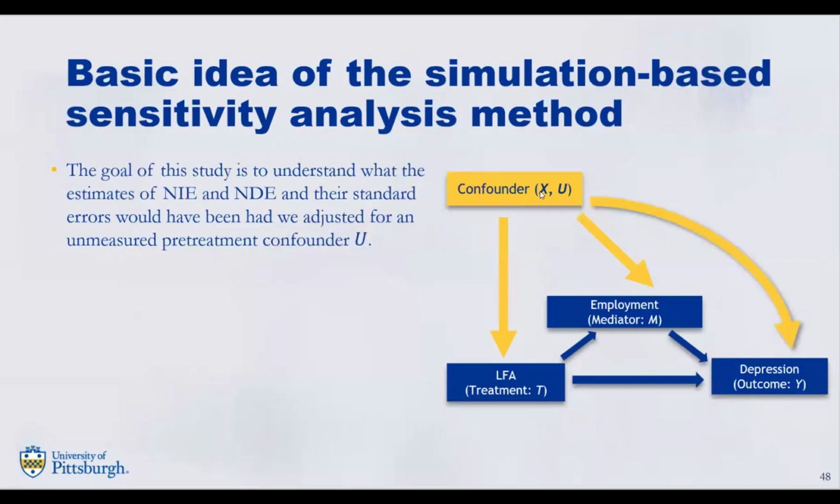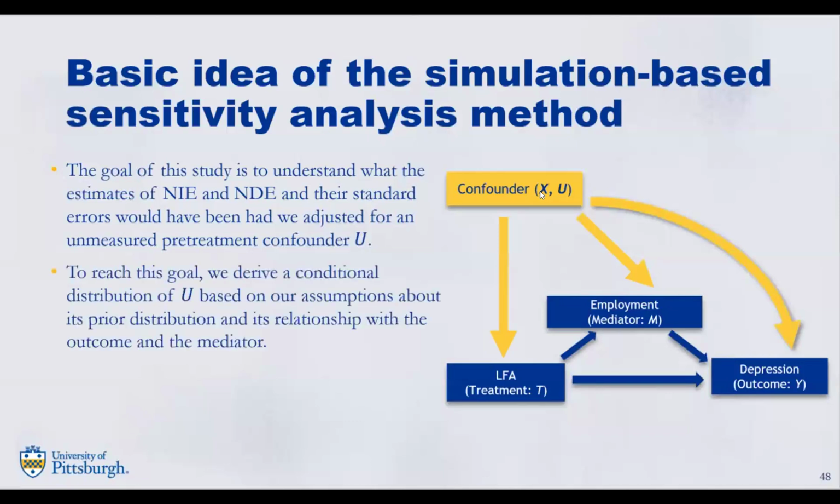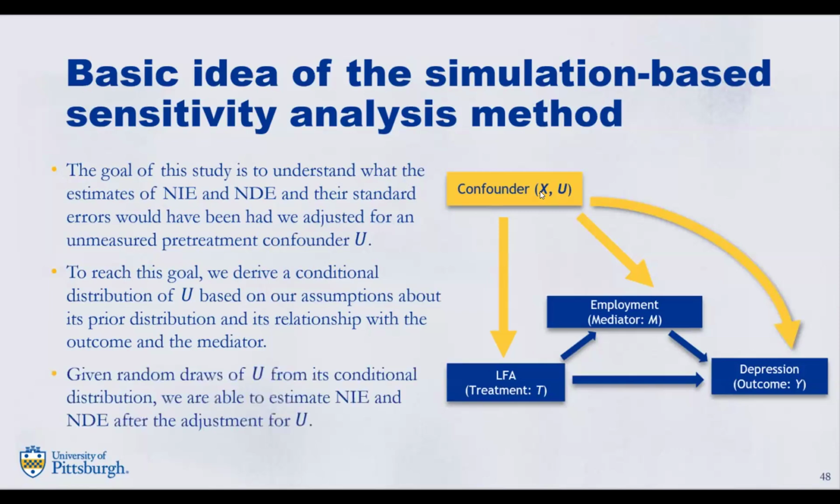To reach this goal, our solution is to derive a conditional distribution of U based on our assumptions about its prior distribution and its relationship with the outcome and the mediator. That means knowing how strongly this unmeasured U is associated with the outcome and the mediator, we can derive its conditional distribution so that we can draw it from its conditional distribution.